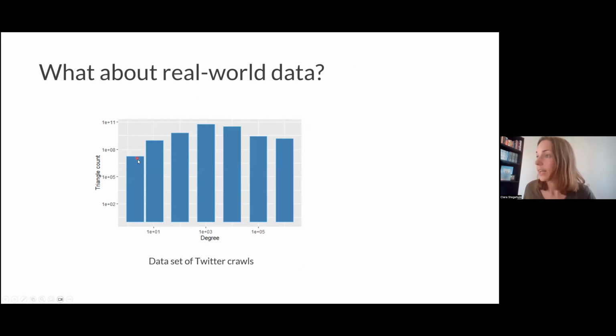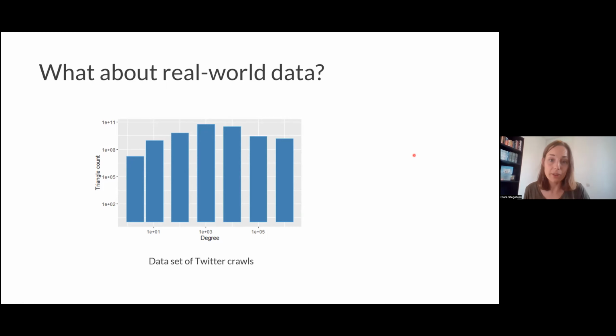In real data, at least in one experiment I got from someone who did this, if you look at how often I see a triangle on vertices with what degree, triangles often appear on basically some sort of middle degrees. Of course, you will find triangles everywhere in your network, but you're more likely to find them on these middle degrees than on much lower degrees.